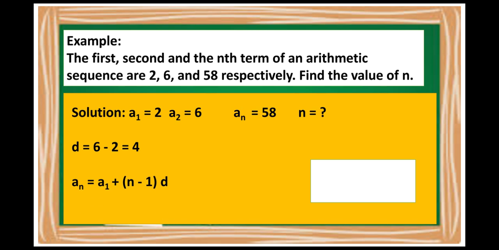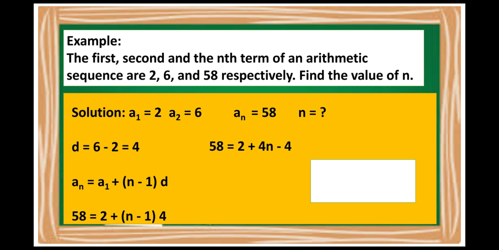Now, applying the formula, we have a sub n is equal to a sub 1 plus n minus 1 times d, and we know that a sub 1 is 2, and we also know that a sub n is equal to 58. So substituting that information, we have 58 is equal to 2 plus, we don't know n yet, so we have n minus 1, and the common difference is 4.